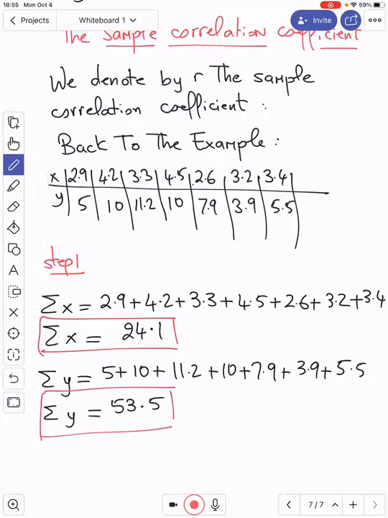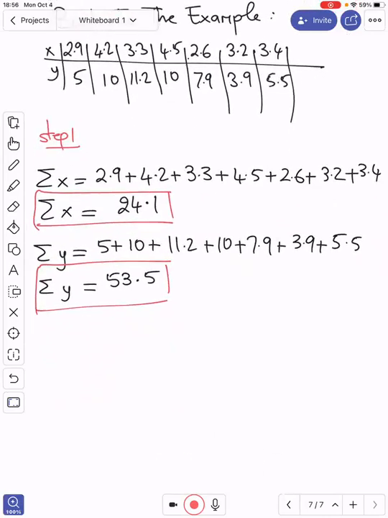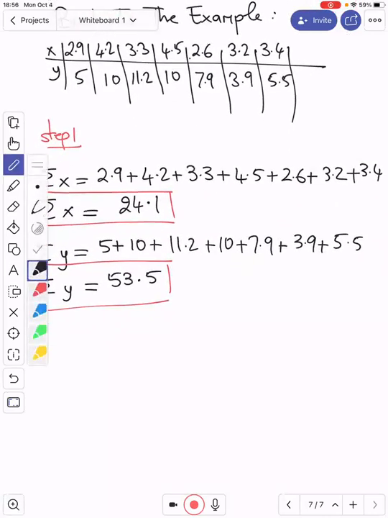Right, and then we're going to need the sum of the x squared, the value of x squared.